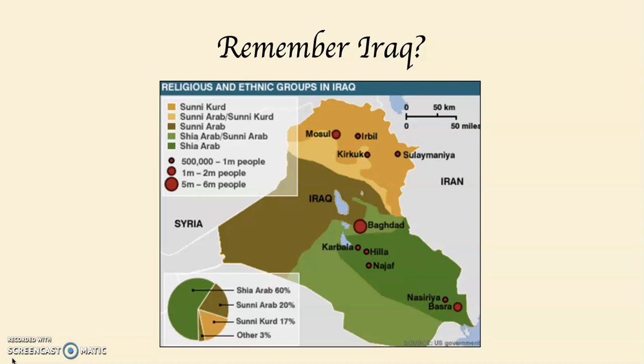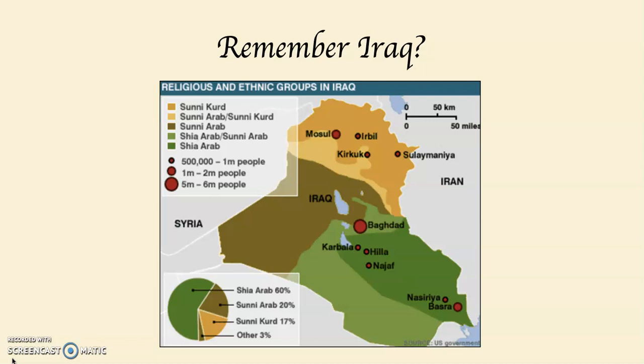Remember Iraq? Diversity. And it's diversity that does not fit into borders easily, nor has been shown since the Iraq War to be much of a viable state in terms of national unity as Iraqis.